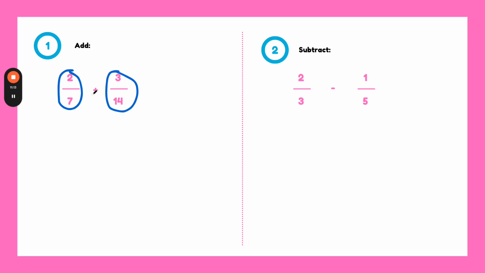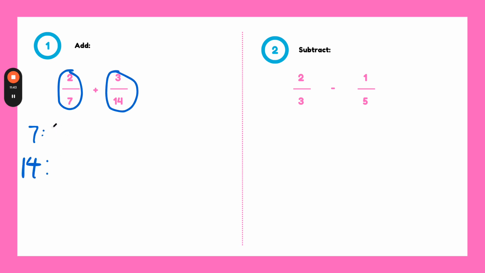So when we want to add fractions, we must make sure first they have the same denominators. If not, then we have to convert each fraction into fractions that have the same denominator. So we can start off by asking ourselves, our denominators are 7 and 14.